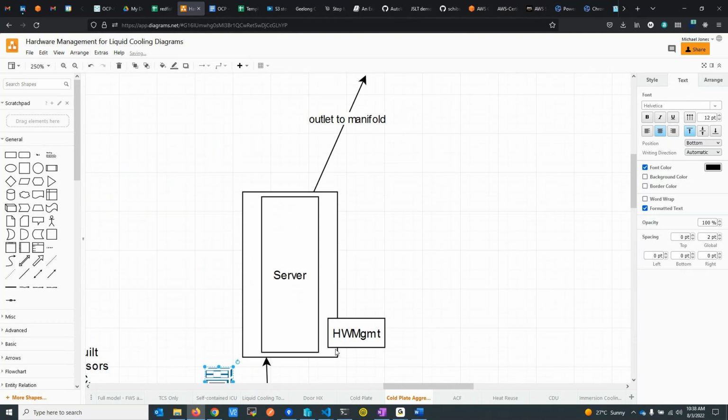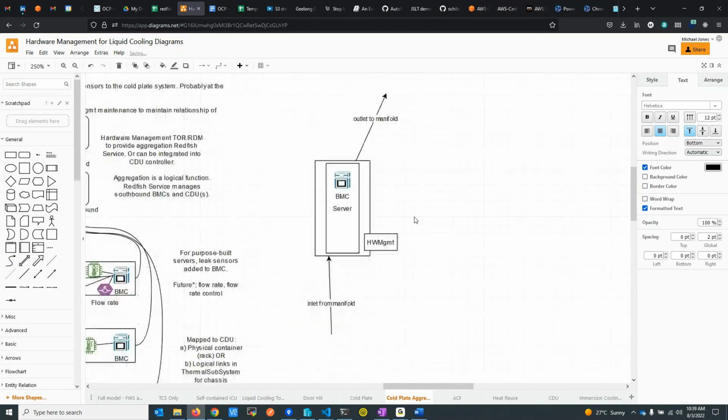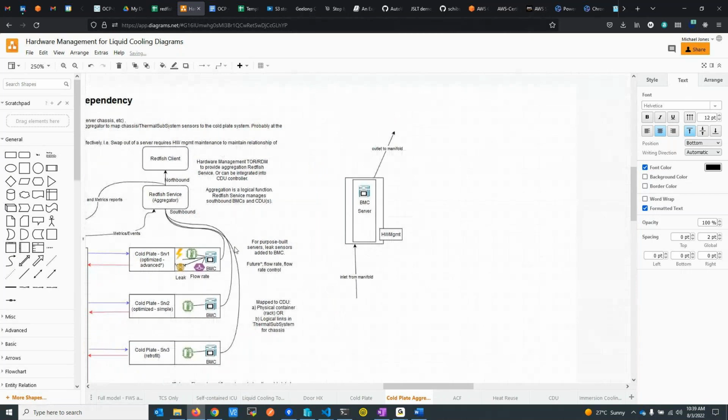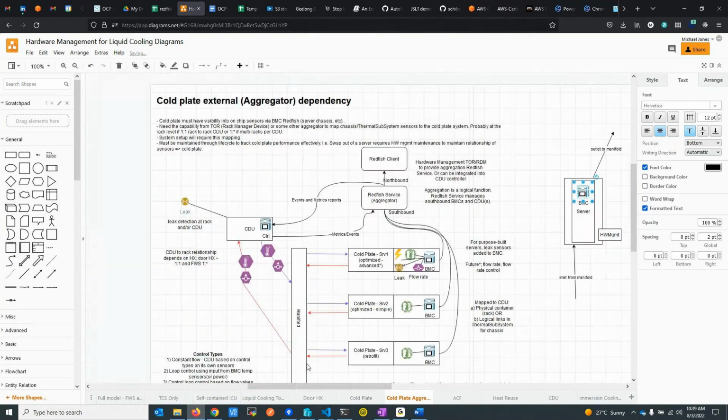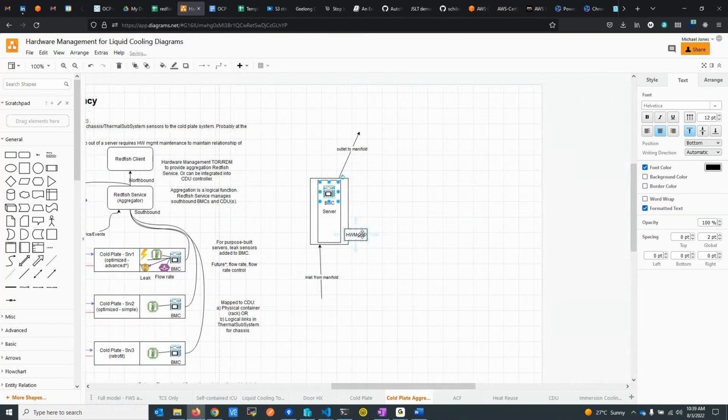Okay, so we could essentially have a scenario where you can use the BMC like the scenario with the cold plate, but you could also draw on the hardware management interface for each of the individual tanks to get the same information.